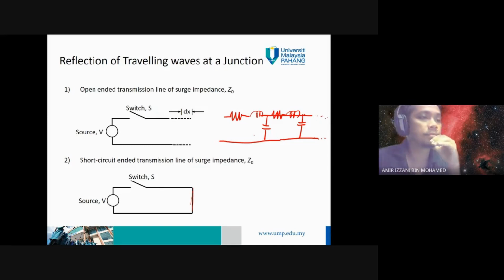You can imagine this is the cross section of a transmission line, a coaxial configuration. Imagine that the transmission line is a power cable with coaxial configuration. This part is metal, copper.